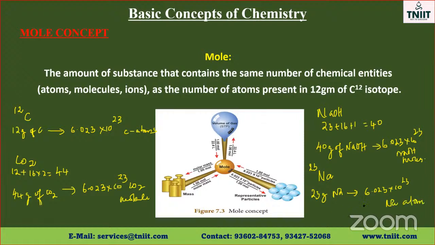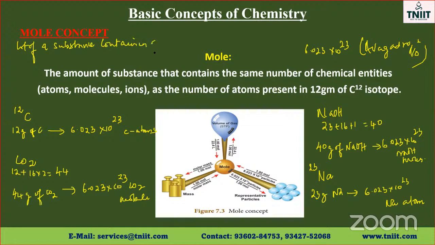Now, what is a mole? This 6.023 into 10 power 23 is called Avogadro's number. How do we define a mole? The weight of a substance containing Avogadro's number of particles is called a mole.